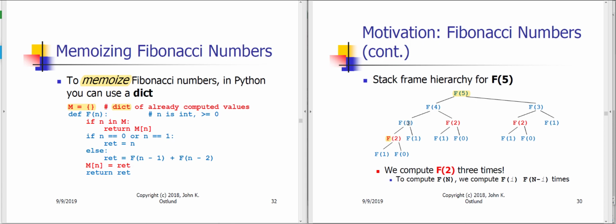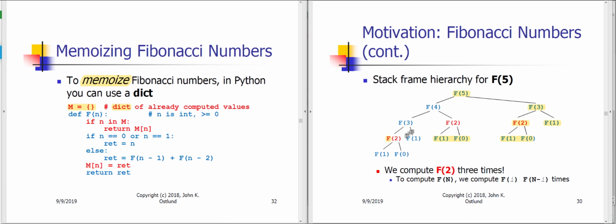When we then return up to finishing the computation of f of 3, we have our value for f of 2, and we know the value for f of 1. We don't have to recompute it, so we just add those up. Up here, computing f of 4, we got our value for f of 3, and we add the value that we already know for f of 2 to get f of 5. So the upshot is that all of this stuff over here on the right side of the tree, we never have to recompute.